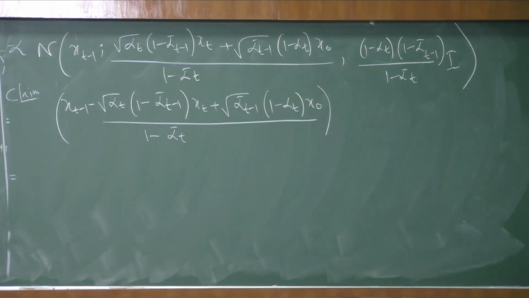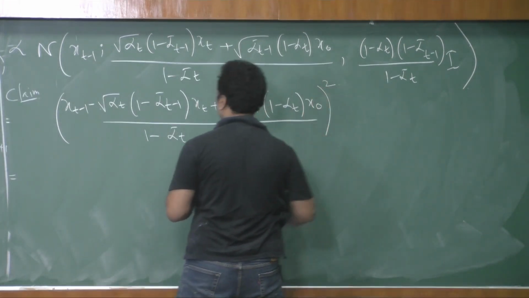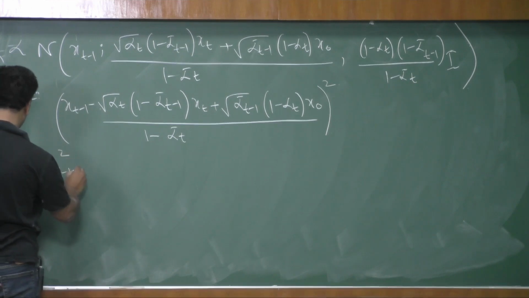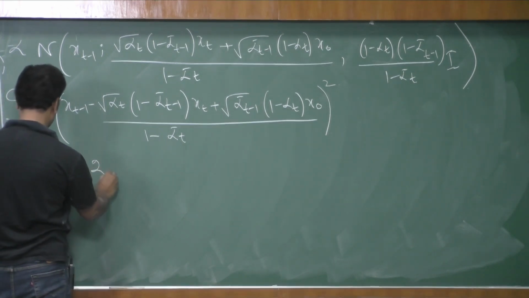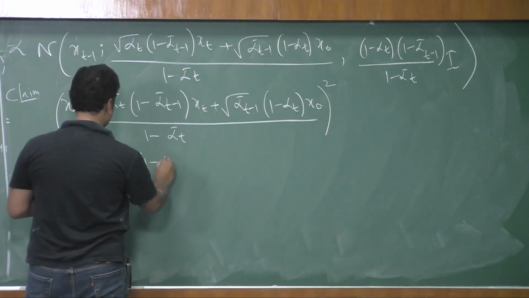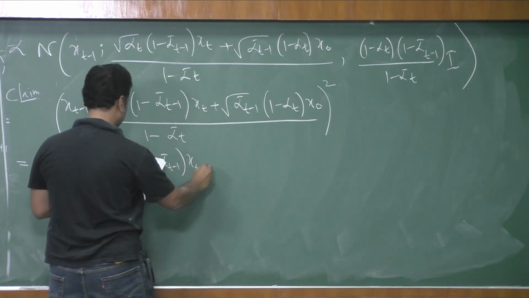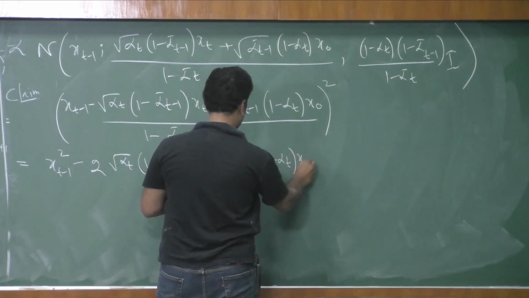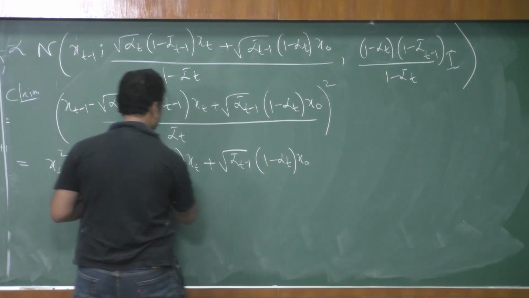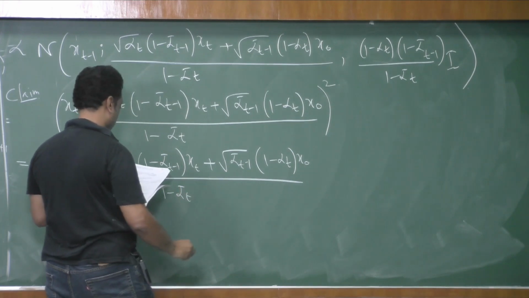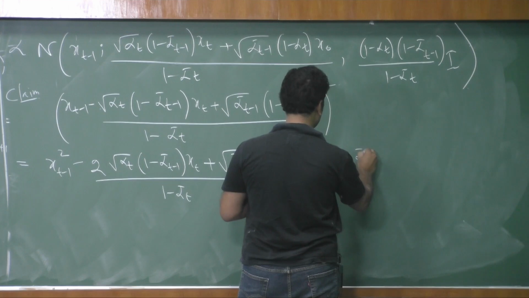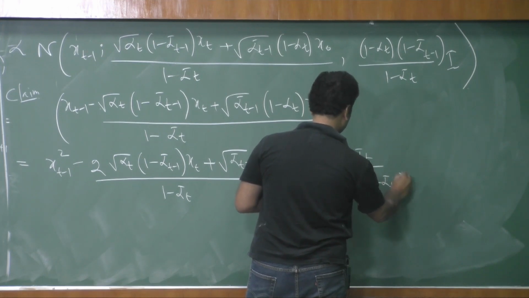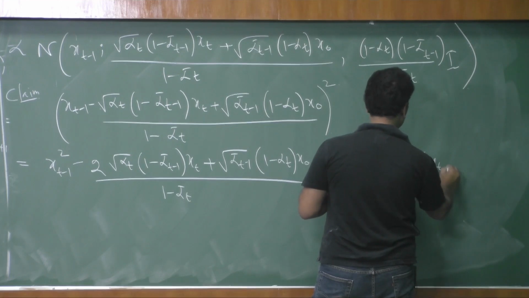What we are asking for is that the square of this is equal to x_{t-1} squared, minus 2 square root of alpha_t (1 minus alpha bar_{t-1}) x_t times square root of alpha bar_{t-1} (1 minus alpha_t) x_0 divided by 1 minus alpha bar_t, and then plus we bring the C term: (1 minus alpha bar_t) divided by (1 minus alpha_t)(1 minus alpha bar_{t-1}), times C of x_t, x_0.